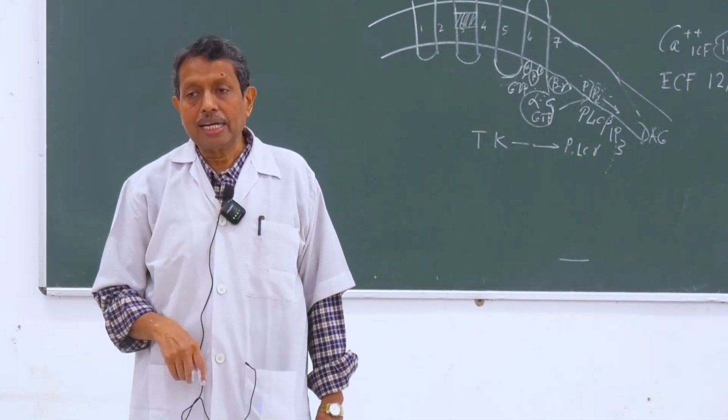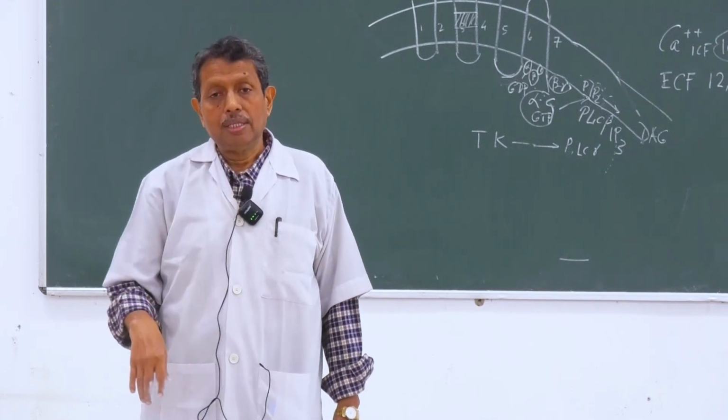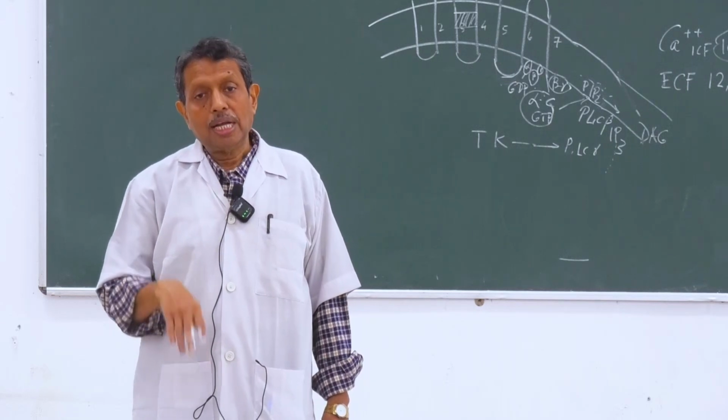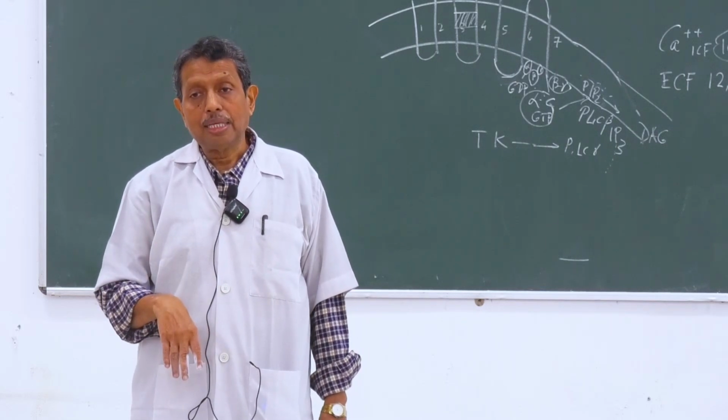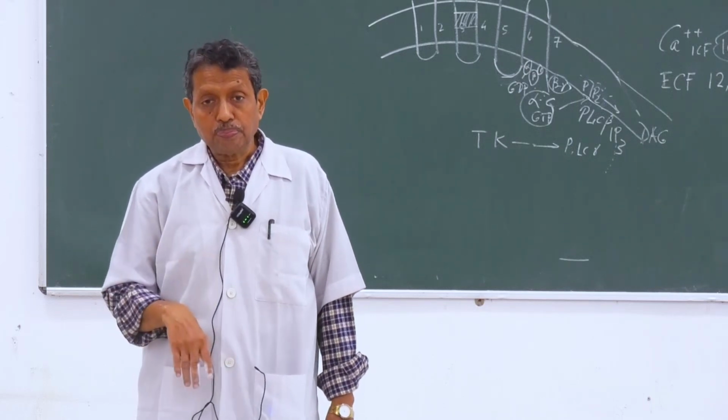And there is also an electrical gradient, because within the cells the membrane potential is negative. So there is a tendency for calcium ions to enter, and when they do enter, they have multiple functions.